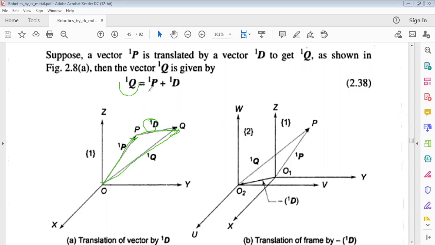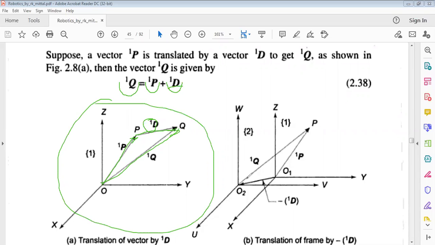It is equal to the vector 1P plus the translating distance 1D. So this figure is one way of representing the vector translation. It is another way of representing the translation of a vector.